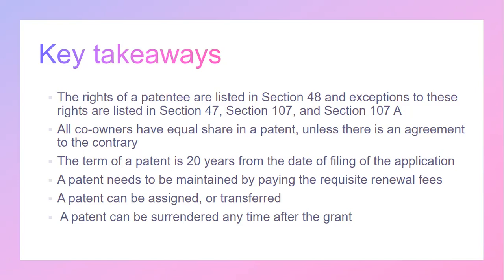Yeah, it is 3 months. The notice of opposition must be given to the controller within a period of 3 months from the date of publication of notice to surrender the patent. So 3 months is the time period to oppose it. I'll just write it here: opposition to surrender of patent must be filed within 3 months from the date of publication of notice to surrender the patent.